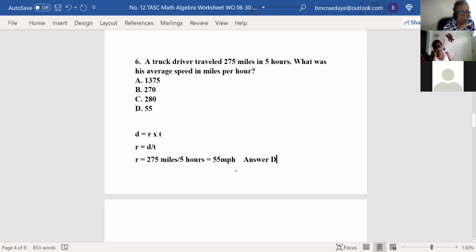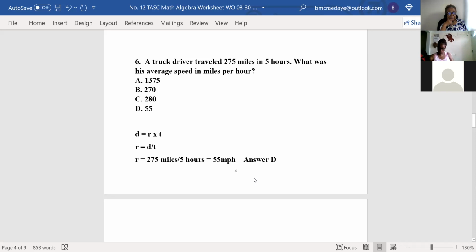So 275, which you said was the distance, that's correct. 275 miles divided by the time, 5 hours, and you get the average speed, 55 miles per hour. So in 1 hour, he can go 55 miles. In 5 hours, he can go 275 miles.